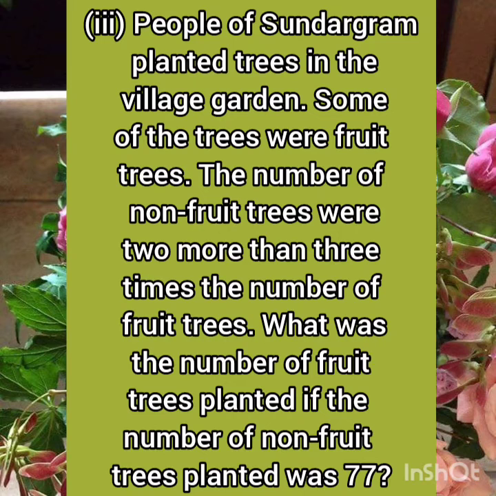So, my dear student, question 3, the third part, says people of Sundargram planted trees in the village garden. Some of the trees were fruit trees. The number of non-fruit trees was 2 more than 3 times the number of fruit trees. What was the number of fruit trees planted if the number of non-fruit trees planted was 77?